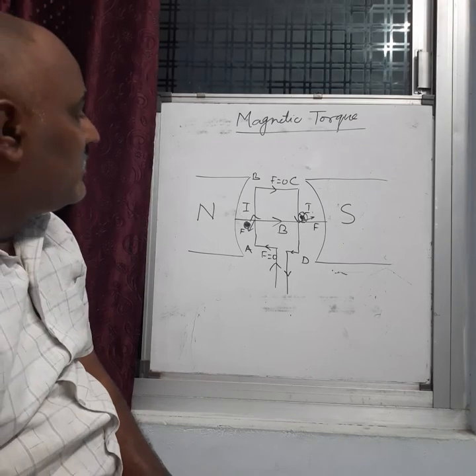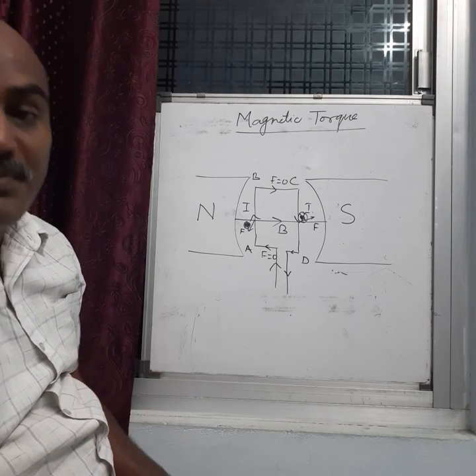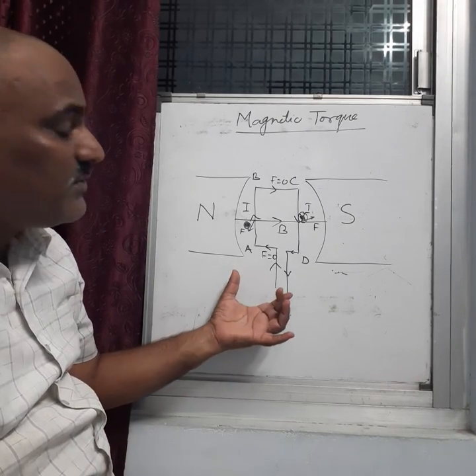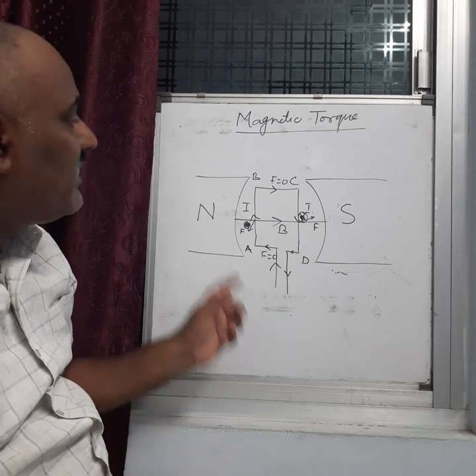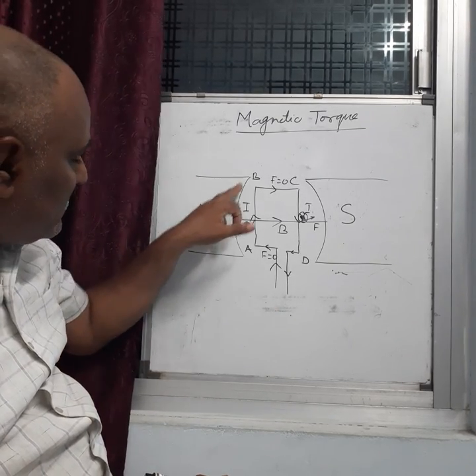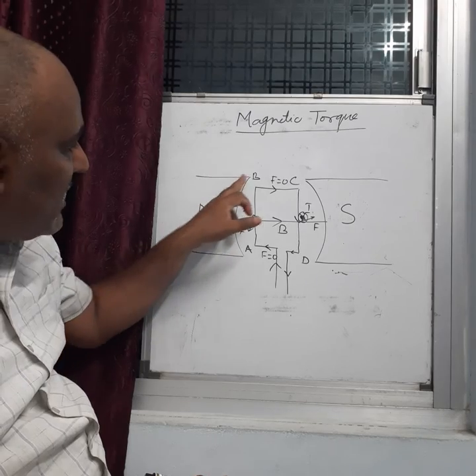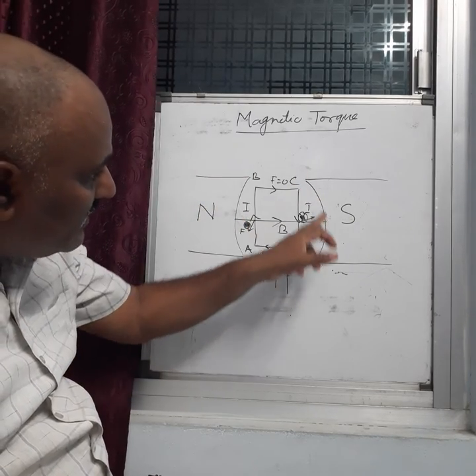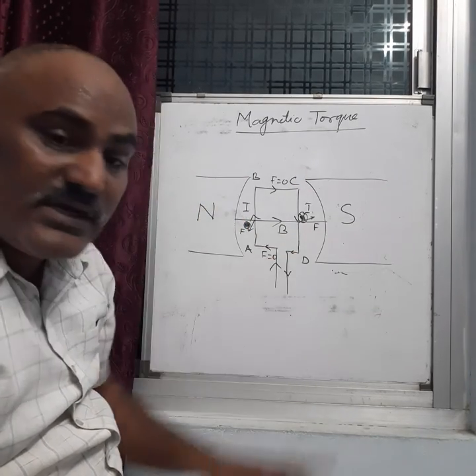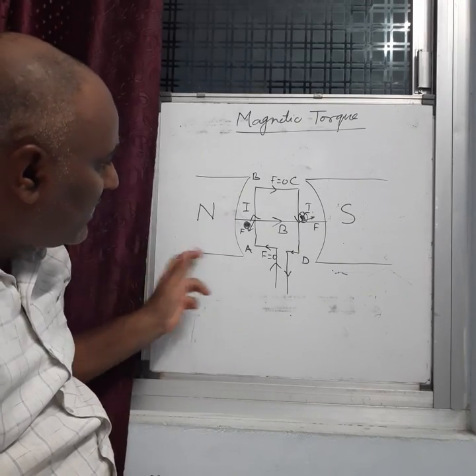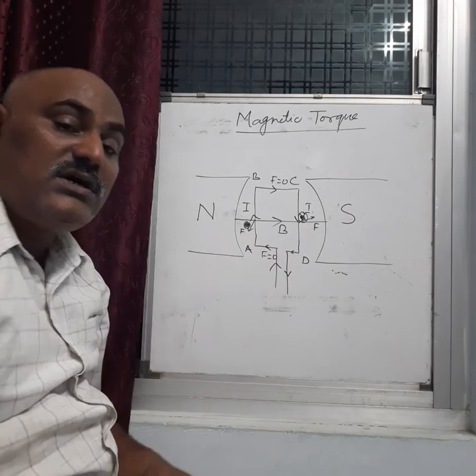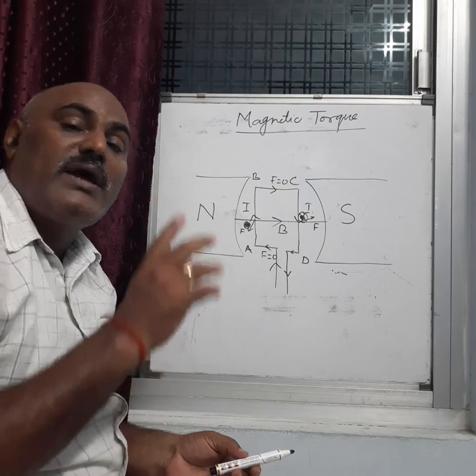Similarly here, now see how the torque is produced. This is the basic concept you have to understand. What is happening here? See, this is a bar magnet. You can say horseshoe magnet. See, the poles are concave, and this one is a horseshoe magnet.